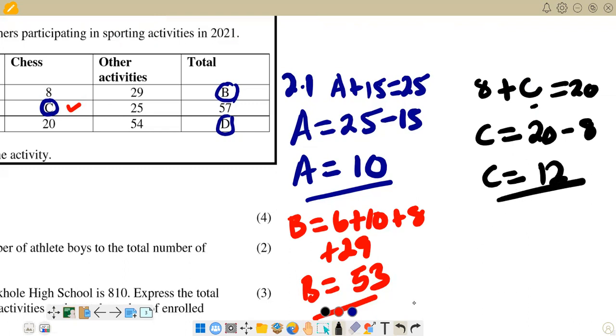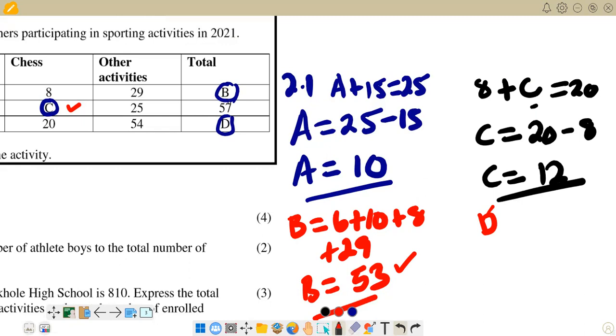Then we are now on our D. On D, remember, we now have B here, and then we have 57.